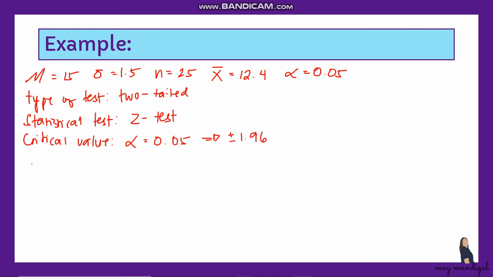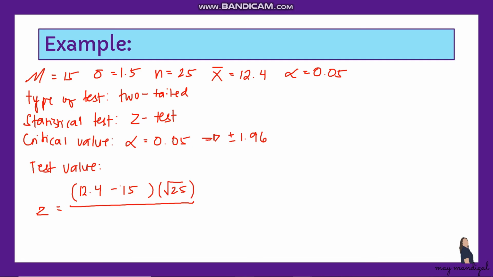After that, let's now solve for the test value using the formula. So you have Z is equal to the sample mean, 12.4 minus the population mean, times the square root of our sample size, which is 25, divided by the population standard deviation, which is 1.5.